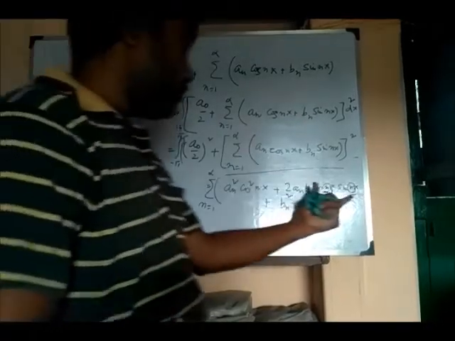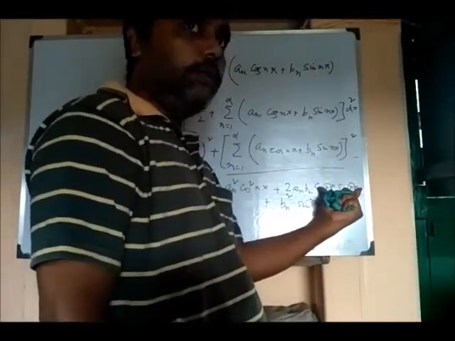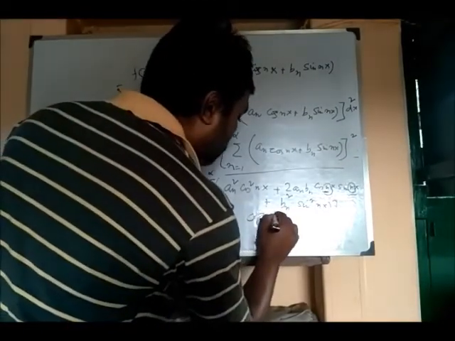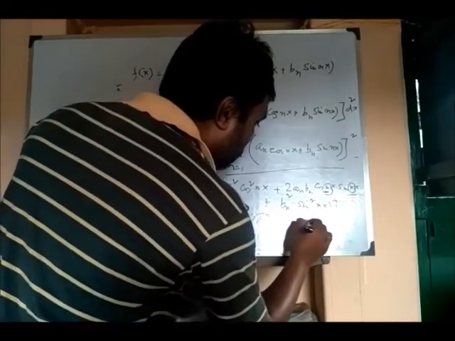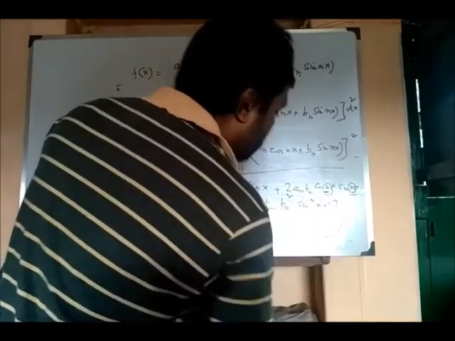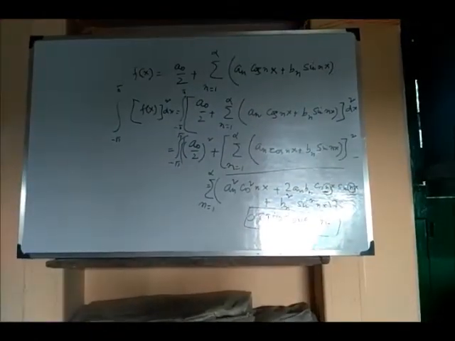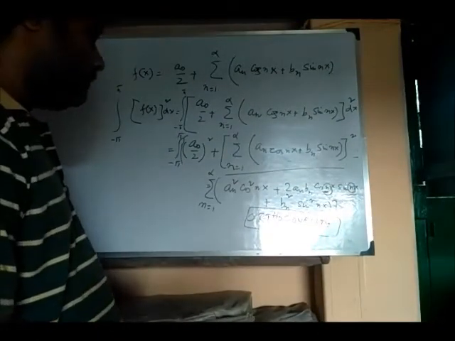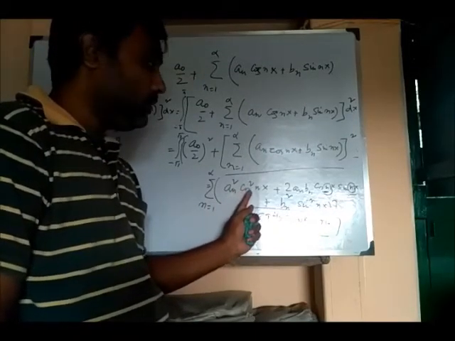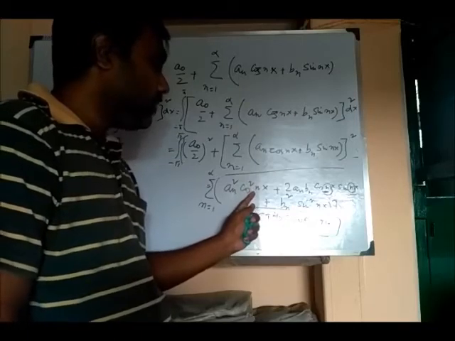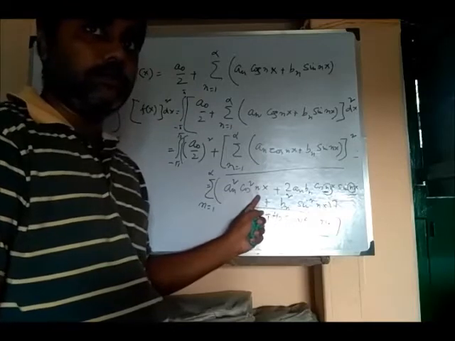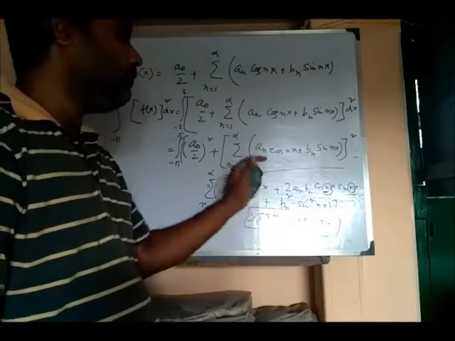But when you get this cross term, you use the condition of orthogonality for different sine and cosine functions. Not only that, when this cosine function, this dummy index becomes different, you can use the same orthogonality condition for this cross term, cosine mx, cosine nx, where m not equal to n.